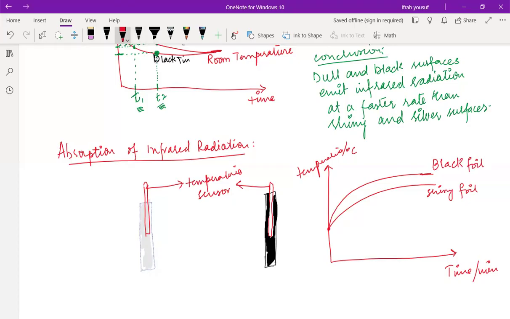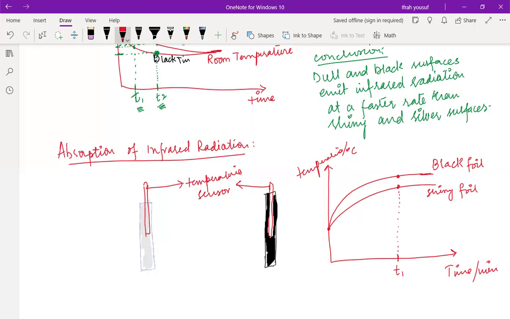So what are you observing? What are you observing at a particular temperature? If you are here at a particular time, if you are here at T1 seconds or minutes, yes, it is written here in minutes. That means that we have to talk about minutes, in T minutes. So what is the temperature? What are you observing? What is the temperature at T minutes? Or in T minutes, what is the temperature the both foils have attained?